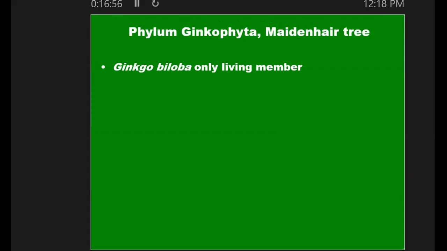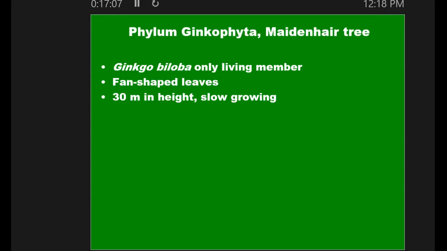So Ginkgo biloba is the only living member, and all the others have gone extinct. The leaves look very fan-shaped. They're very broad and delicate. Quite a nice design. The overall tree usually gets to about 30 meters in height, so they're fairly tall. They are slow growing.